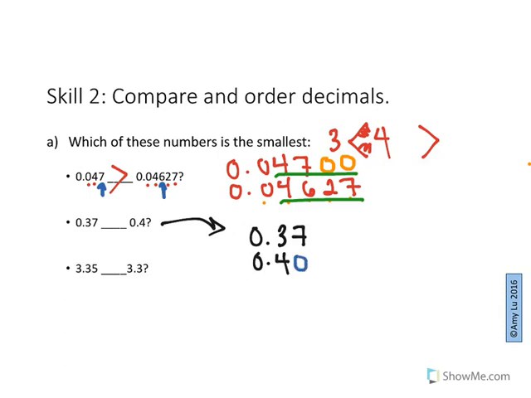So I'm comparing 37 to 40, and 40 is greater. Again, I can just look at the number in the hundredths place, because this one ends there, and decide: is 3 greater or is 4 greater? In this case, 4 is greater.